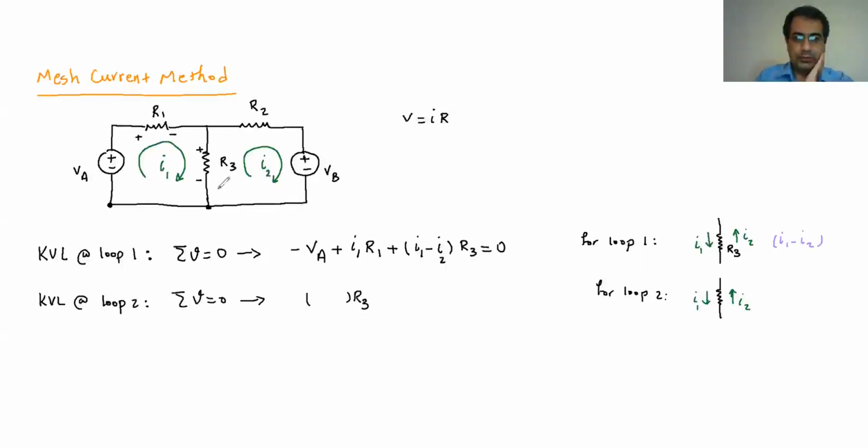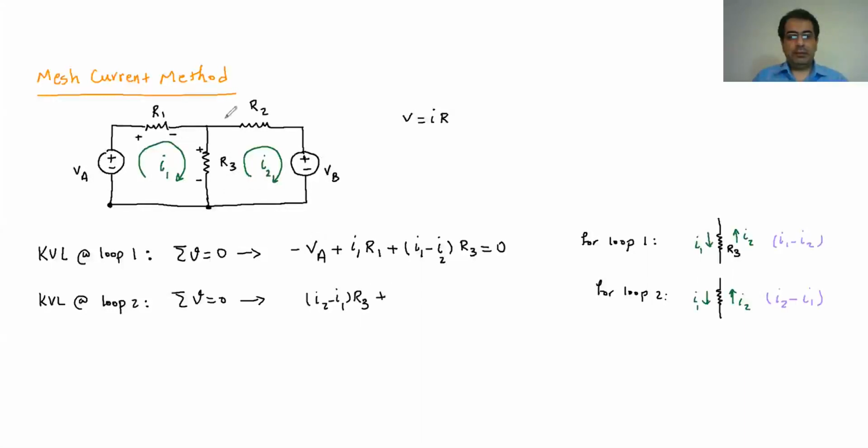Anything with the same direction as my rotation is going to be positive, which is I2. Anything against the direction is going to be I1. So this time it's just the opposite of what we had, because of the rotation we have. So this time it's going to be I2 minus I1, times R3.